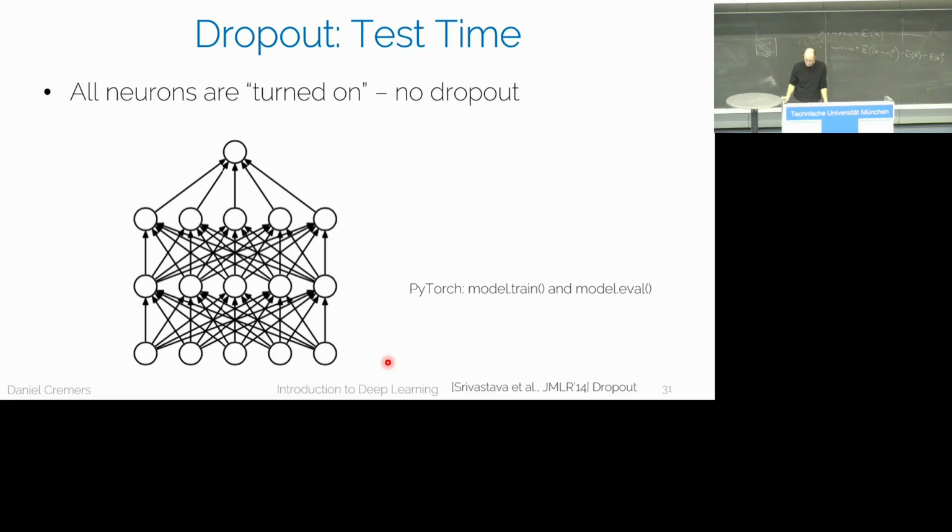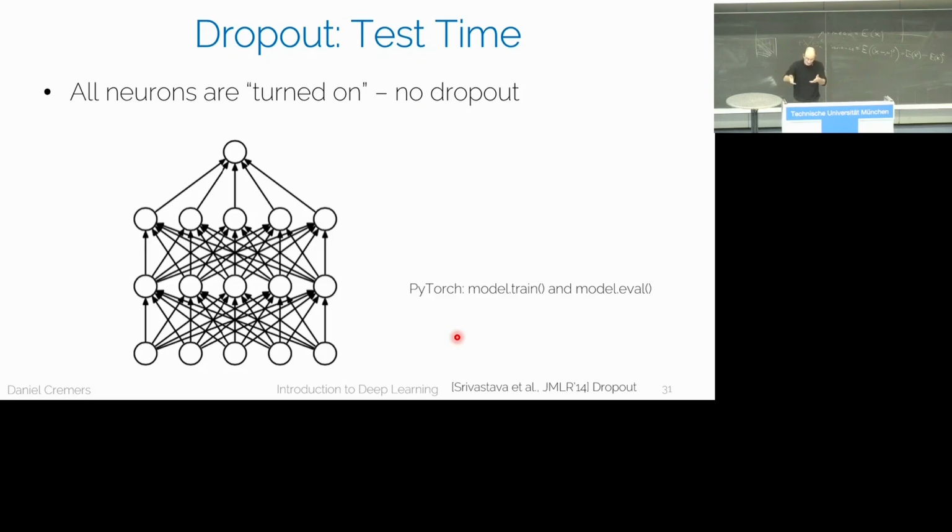And so what you need to do in PyTorch is you need to switch between these two modes, the train mode and the evaluation mode. So in the train mode, using Dropout, you use only a fraction of the neurons. In the evaluation mode, you use all of them, and so it has to renormalize accordingly. But that's not difficult, right?